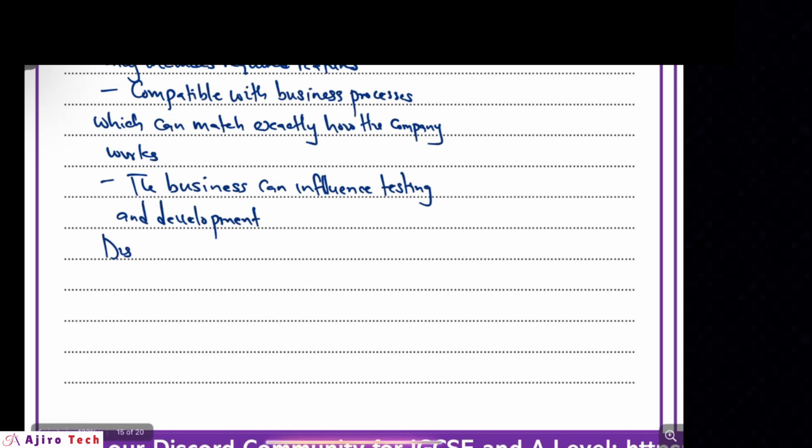Disadvantages. Development costs are high because it's only for you.